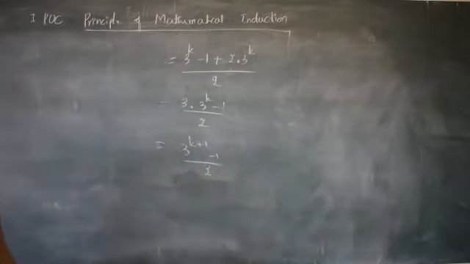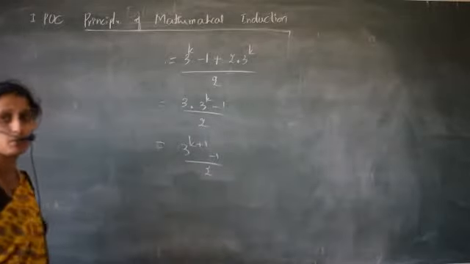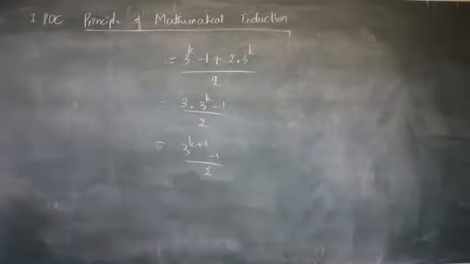Now you can see for n we have written 3 power n minus 1 by 2. For k we have written 3 power k minus 1 by 2. For k plus 1 we have to get the answer 3 power k plus 1 minus 1 by 2. So we got that result.